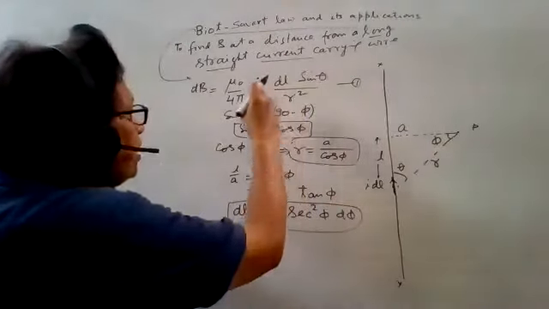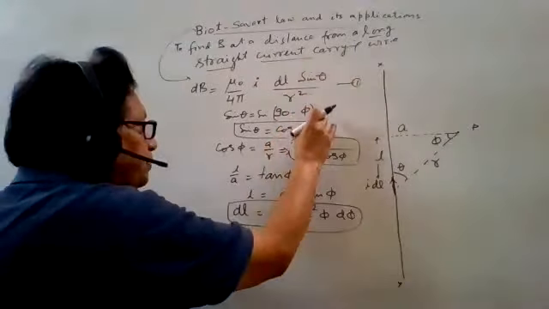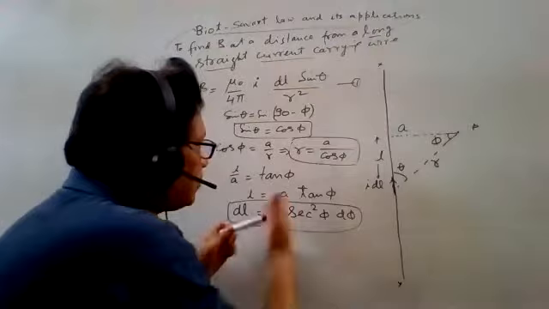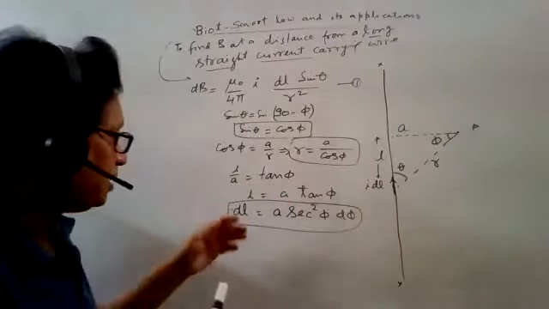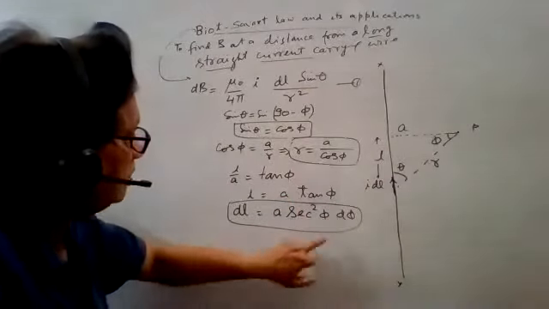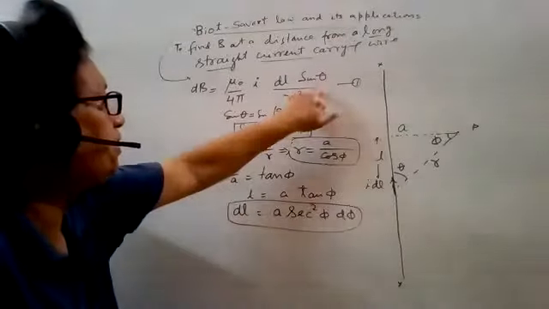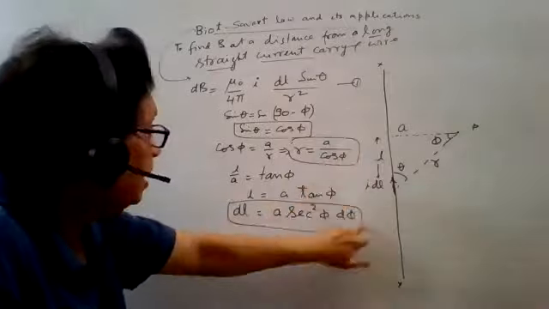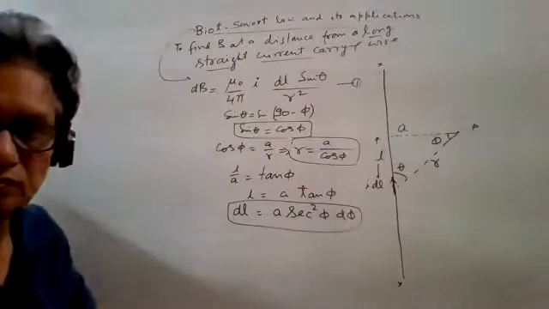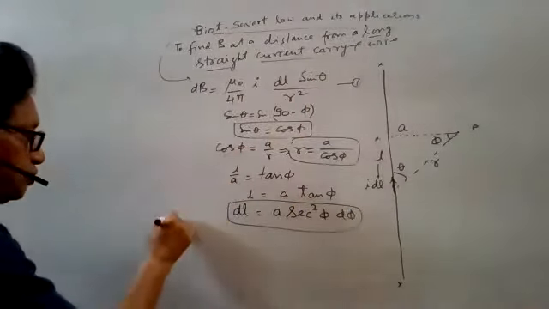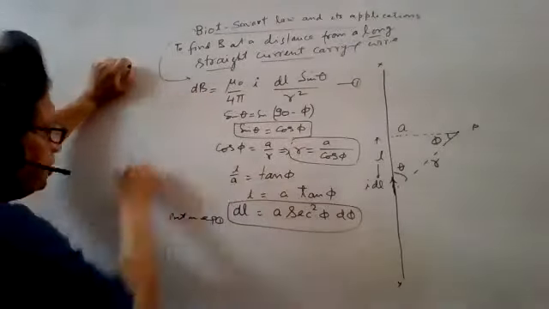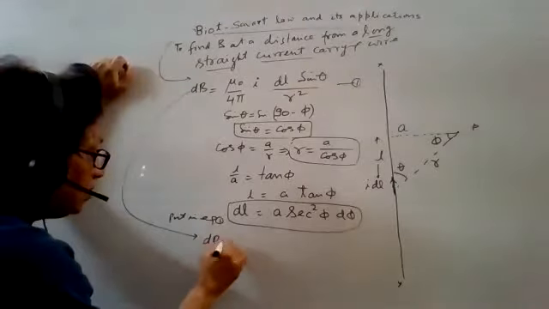Now sin theta can be replaced with cos phi, R is replaced with A upon cos phi, and dl with A sec square phi d phi. So putting the values of sin theta, R and dl in equation 1, we get dv equal to what?